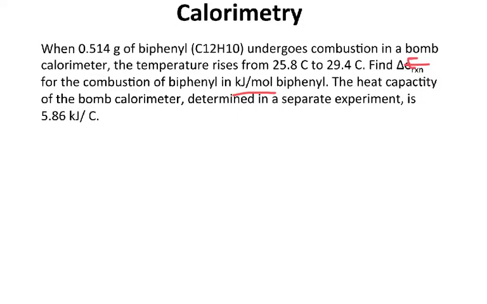The heat capacity of the bomb calorimeter, determined in a separate experiment, is 5.86 kilojoules per degree Celsius. Here's something important: we want to find this in kilojoules per mole.